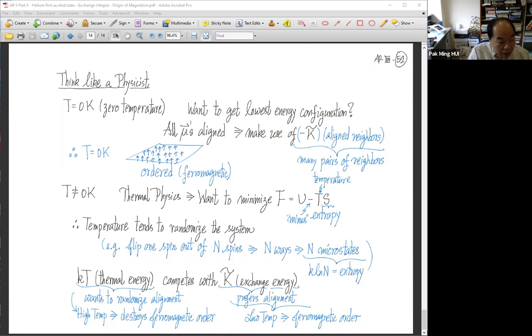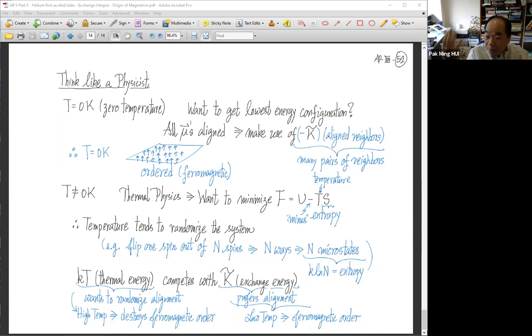So basically, at low temperature, you will see ferromagnetic behavior. At high temperature, you see non-magnetic behavior, okay? And that is what we mean by phase transition. We have a ferromagnetic phase, we have a metal phase, an ordinary conductor phase.